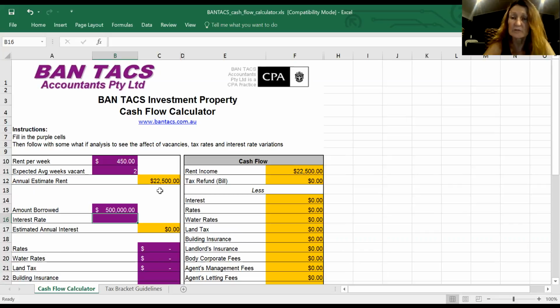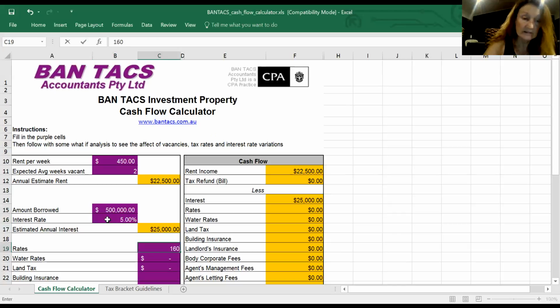Some of the borrowing was for private purposes and some of it was for deductible purposes, so some of the interest won't be tax deductible. Whereas if you use an offset account, it has the same effect for the amount of interest you charge, but when you take money out, should you need it, you get a full deduction for all the interest on the loan. So for the sake of this example, we're going to put a 5% interest rate in.